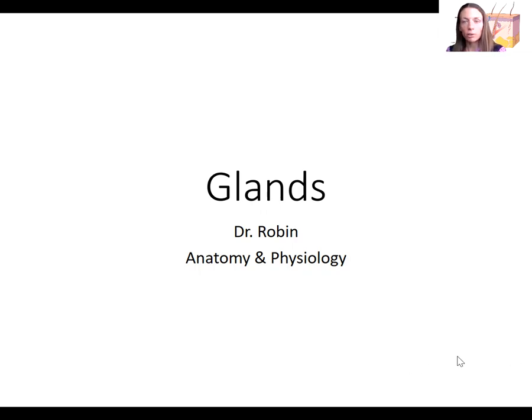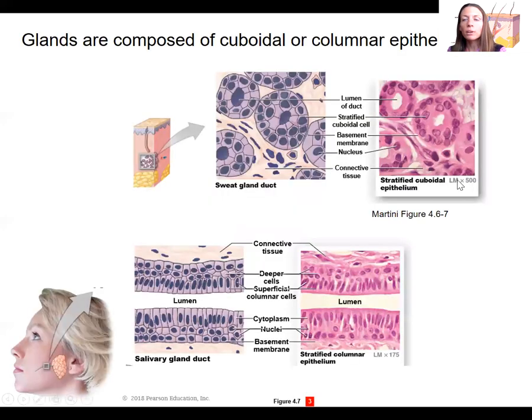So glands in general, if you remember from learning a little bit about this with the tissues, glands are made of either cuboidal or columnar epithelium, stratified typically. So this is that rare situation where you have stratified cuboidal or stratified columnar epithelium. There are some cases of simple cuboidal as well.